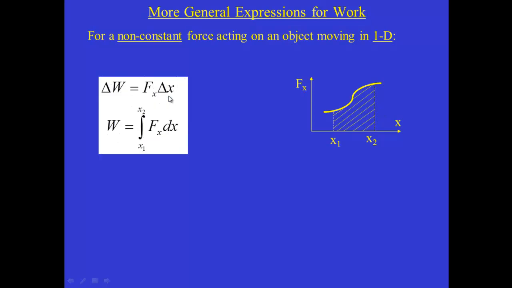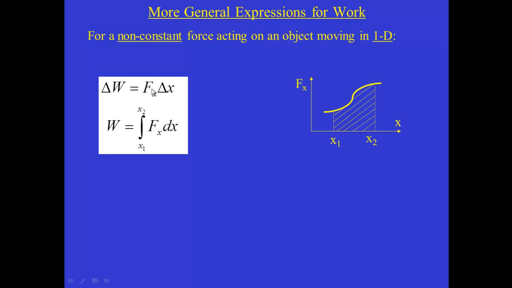And the key insight is that the work done for a small change delta x, we already have this first line as our definition, a small change delta x multiplied by the force acting at that point or over that interval is equal to the amount of work done.